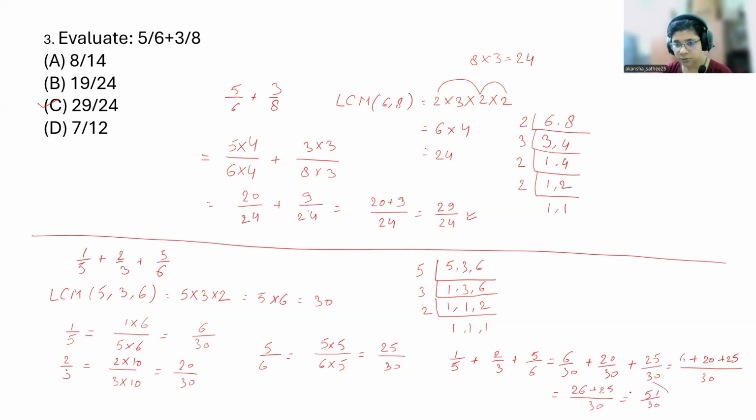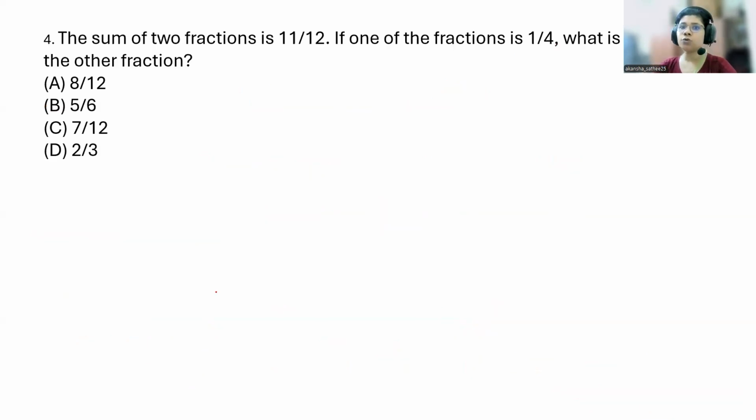So that is how you add fractions. To add fractions, when denominators are not equal, you take the LCM first, make the denominators equal appropriately, and then you do the addition. Similarly, you have to do the multiplication. So first, you have to make the denominator equal.